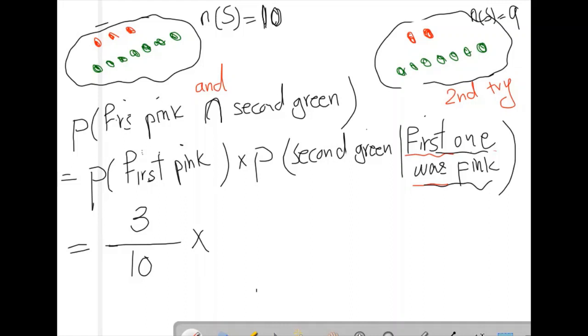It means in total again 9 candies, but the second one green is 7 green in 9 candies. So the answer is 21 divided by 90.